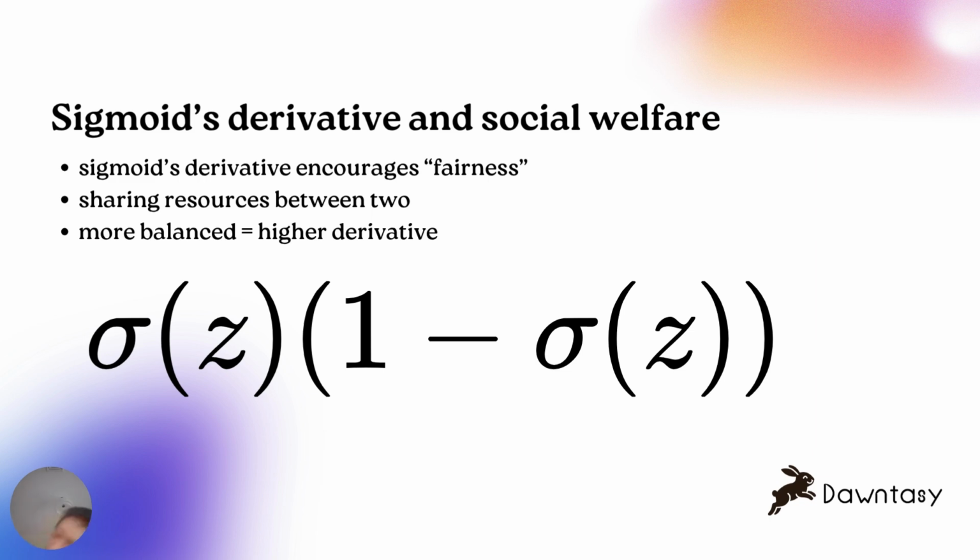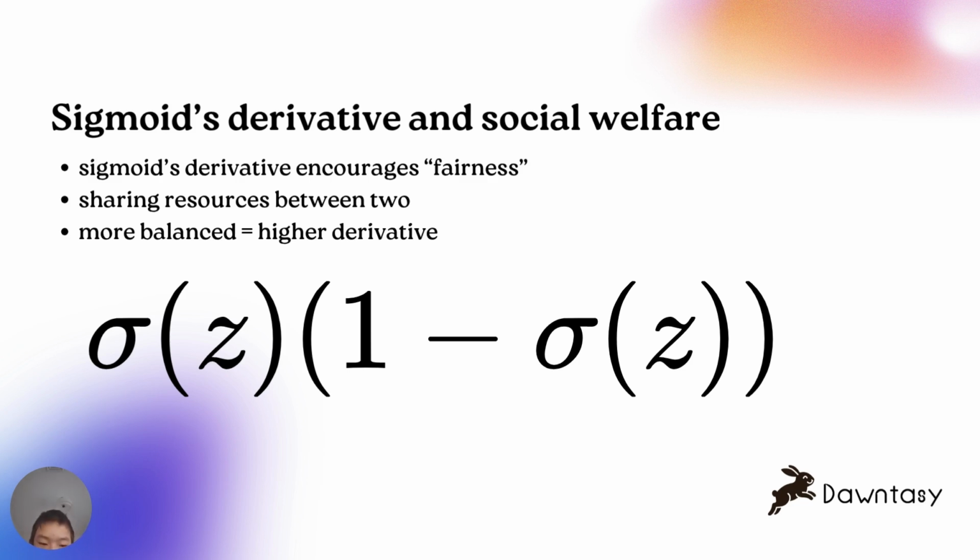In this case, we can see this as controlling a budget or resource allocation in a way. Imagine you wanted to divide one, where one is the total quantity, between two people, right? Then sigmoid's derivative encourages fairness and sharing resources between the two.